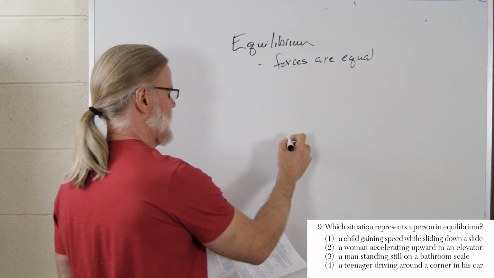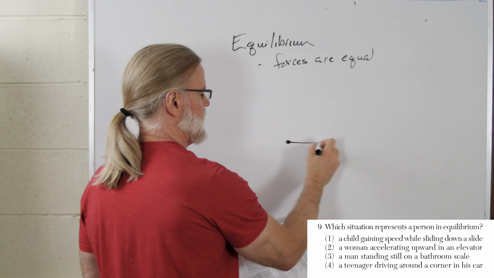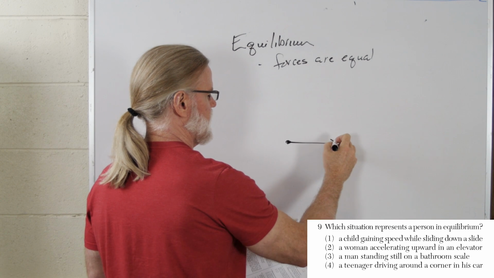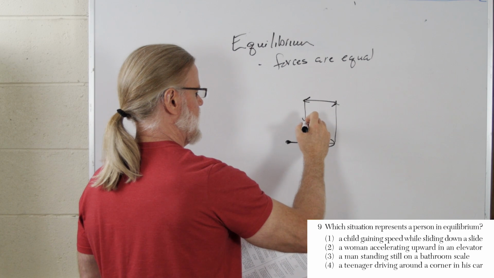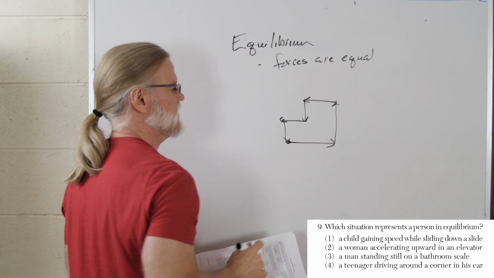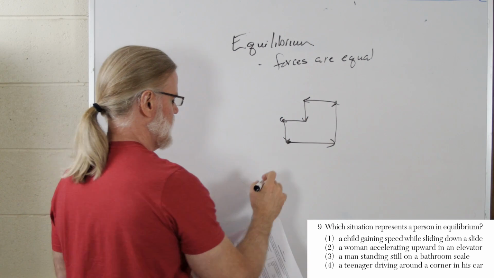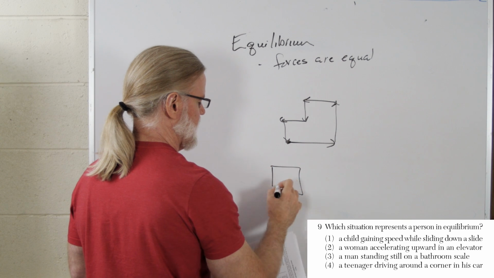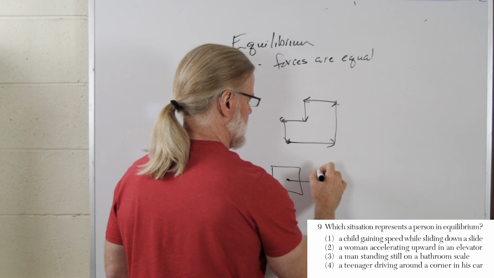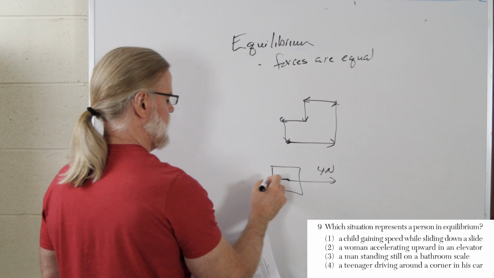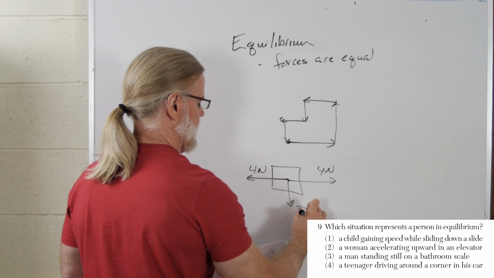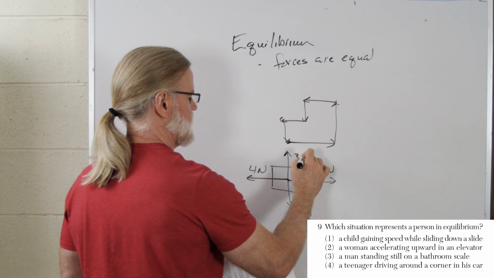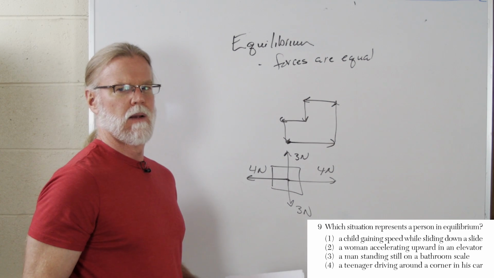If I took all my forces, that one, and added to that one, and then that one that way, and that one that way, they must add up to 0. More simply, in our Regents courses usually, if we have 4 newtons that way, we must have 4 newtons that way. And if there are 3 newtons that way, there must be 3 newtons that way.